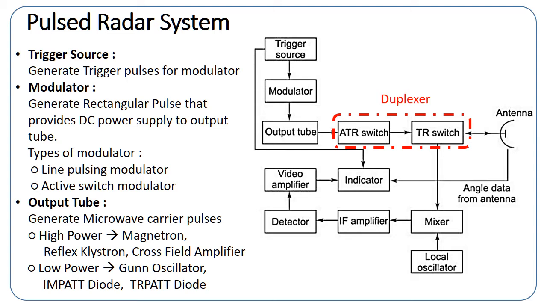Here initially low level pulses are generated and then they are amplified using a power amplifier before providing to the output tube. It can generate variable pulse length along with different shapes of pulses as well as pulses with different repetition rates. So active switch modulator is very flexible in nature, but it is bulky and has a complex circuit.